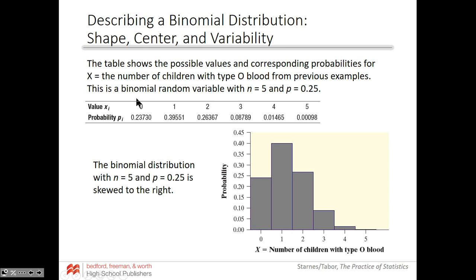The probability of having no kids with type O blood was about 23, 24%. Boom, this purple bar goes up to about 24%. This is the distribution for this random variable X. We're going to describe the shape, the center, and the variability of this distribution. We can pretty clearly see that this is skewed right.